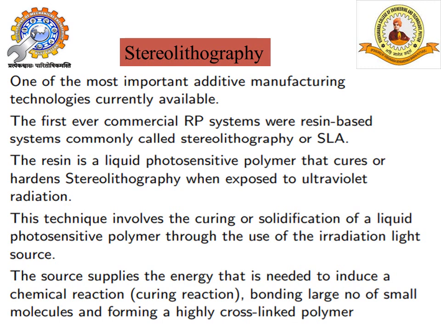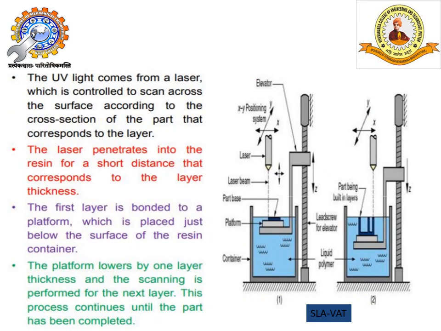This technique involves the curing, or solidification, of a liquid photosensitive polymer through the use of an irradiation light source. The source supplies the energy needed to induce a chemical reaction, that is, the curing process. It enhances the bonding of a large number of small molecules, forming a highly cross-linked polymer.